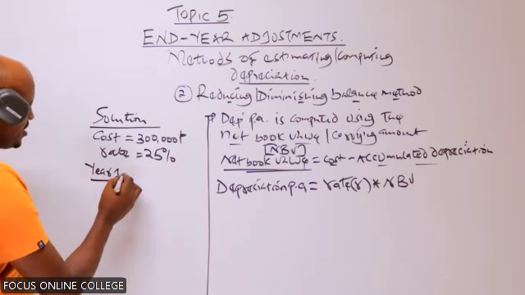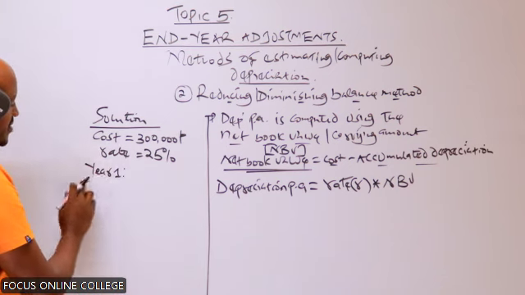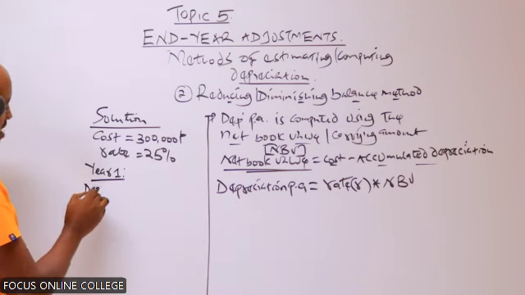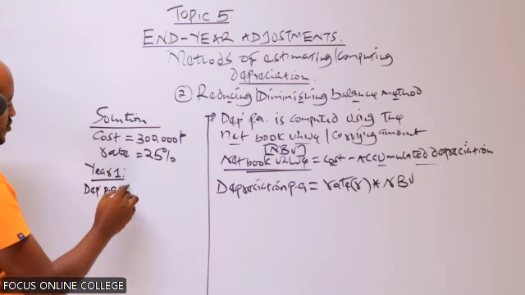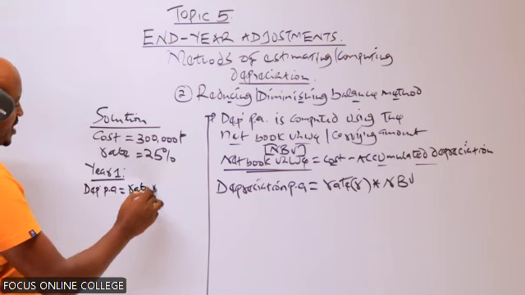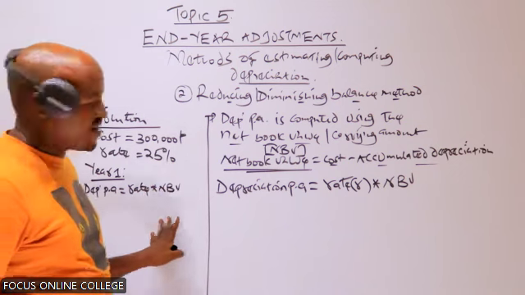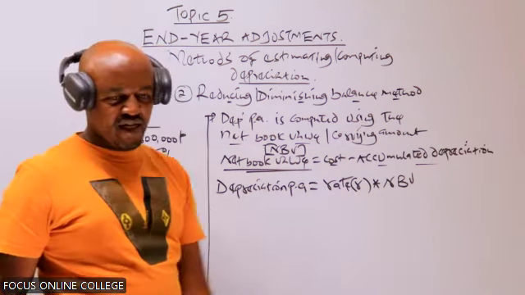In year 1, for us to compute the depreciation, we must recall this formula: depreciation per annum is equal to the rate times the net book value. You must also remember how we compute the net book value.